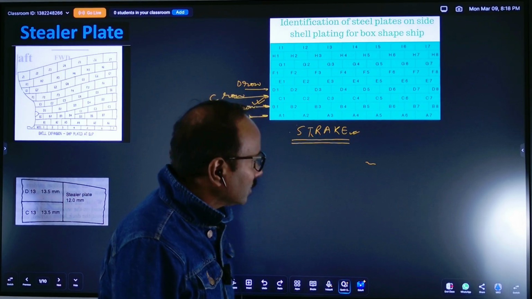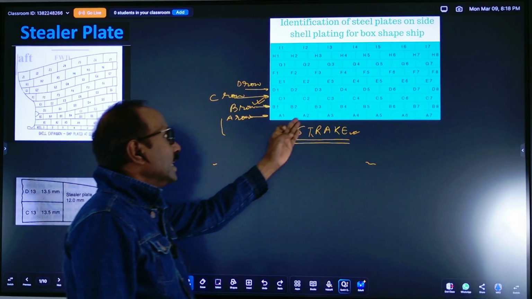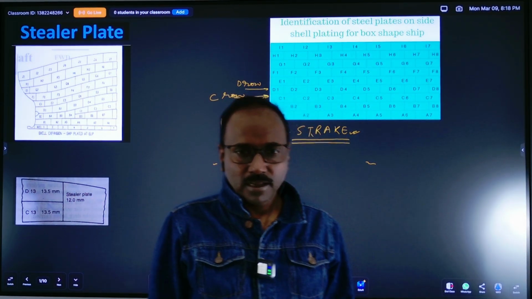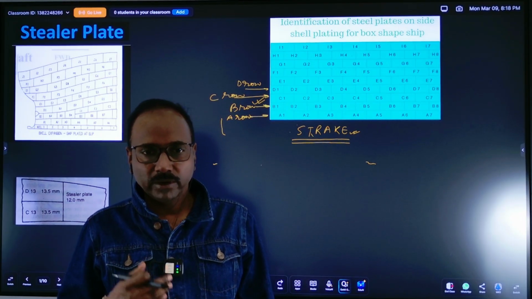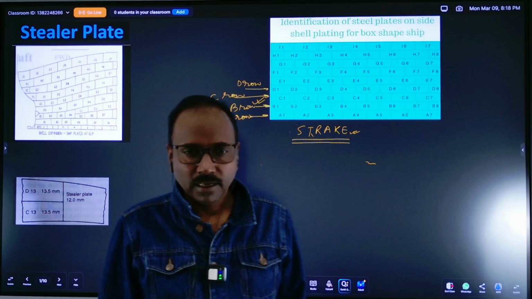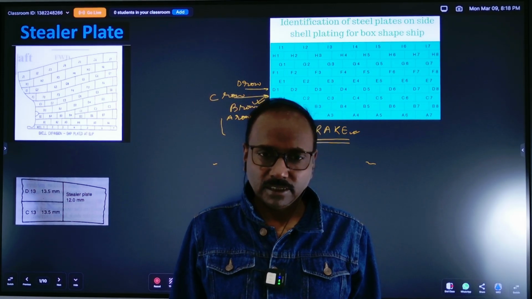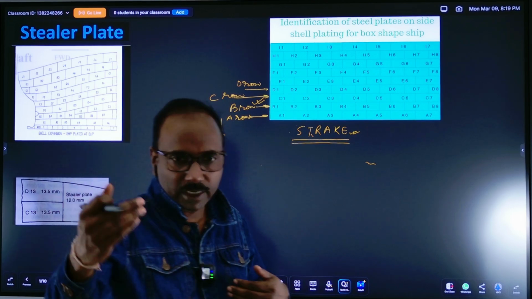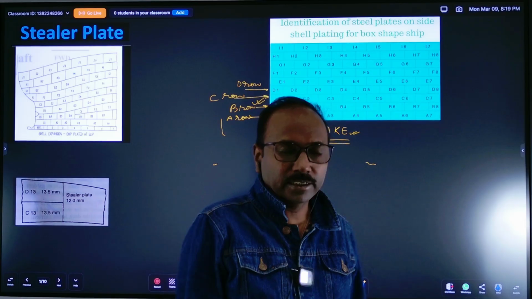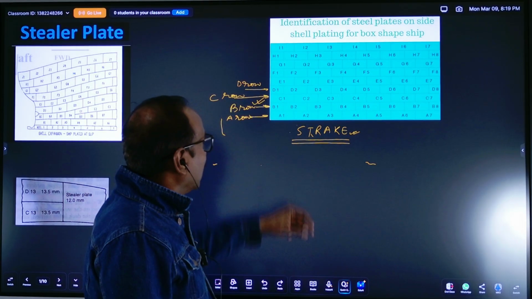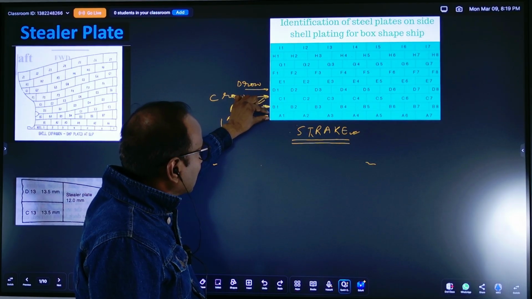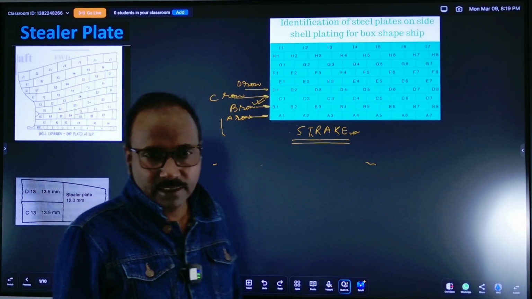So when you arrange the plating like this, you will find a situation in the bow area, bilge area, or stern area where the width of the strake plate is very less.